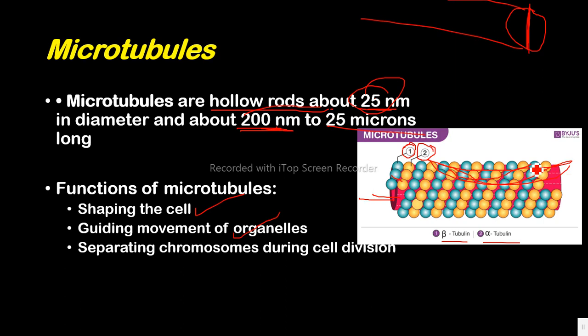Then separating chromosomes during cell division. You know, spindle fibers do form. And so what are the spindle fibers? They are the microtubules. So they are the ones that will separate the chromosomes so that each chromosome or each chromatid goes to its individual cell in cell division. So basically, that's how it is.